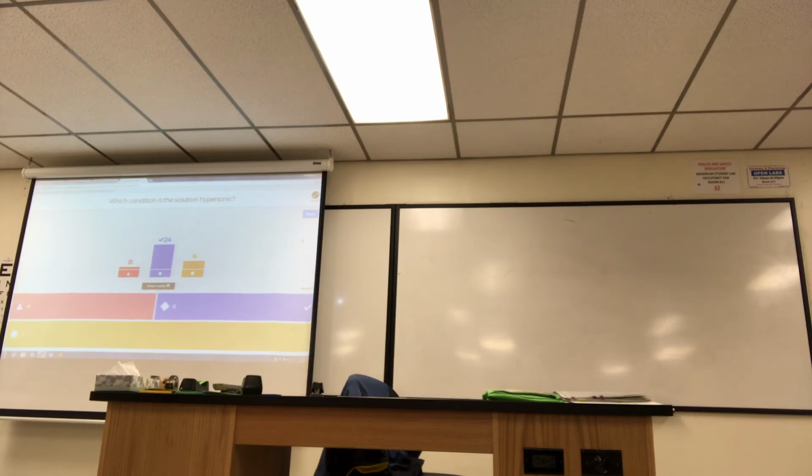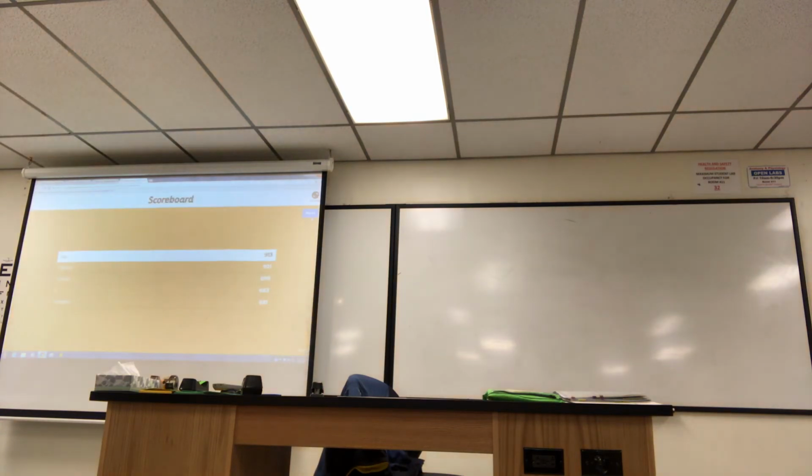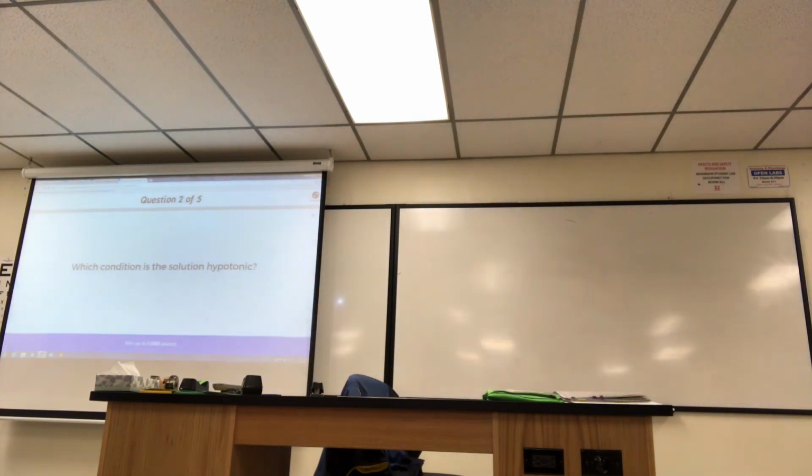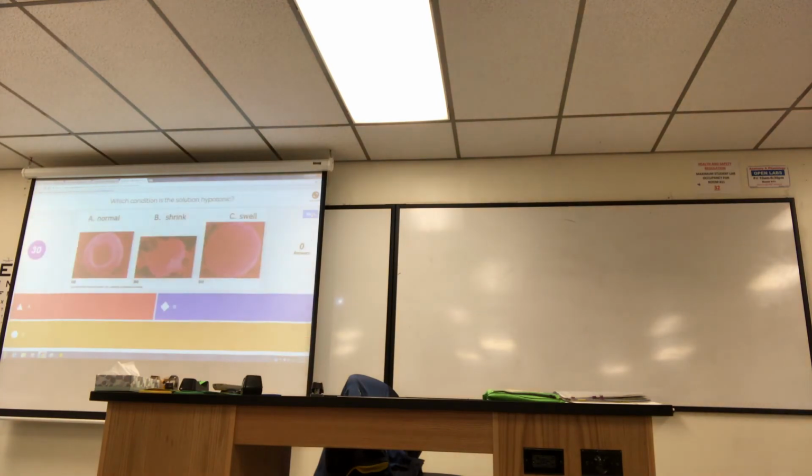Okay, some of you did miss it, right? Well, let's just do the next one. You'll straighten yourself out. But that's a good ratio for students. I don't keep score. It scores you based on how fast you answer and how many you get right.